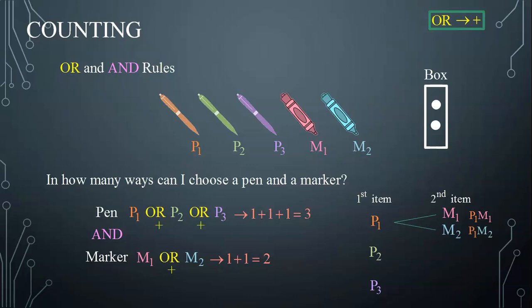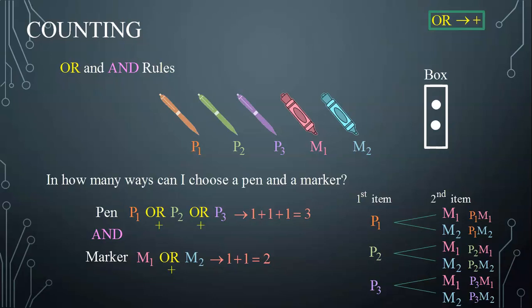Similarly, if I chose P2 for the first item, I can choose M1 or M2 for the second item, which makes my selections P2 and M1 or P2 and M2. Similarly, if I chose P3 for the first item, I can choose M1 or M2 for the second item, which makes my selections P3 and M1 or P3 and M2.